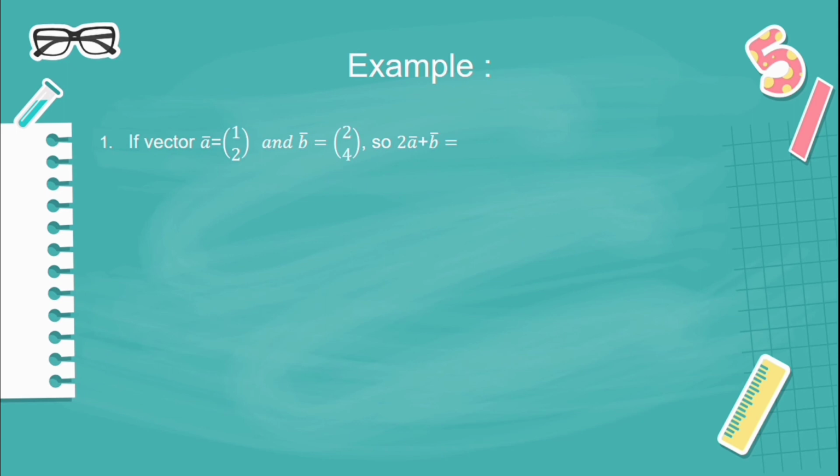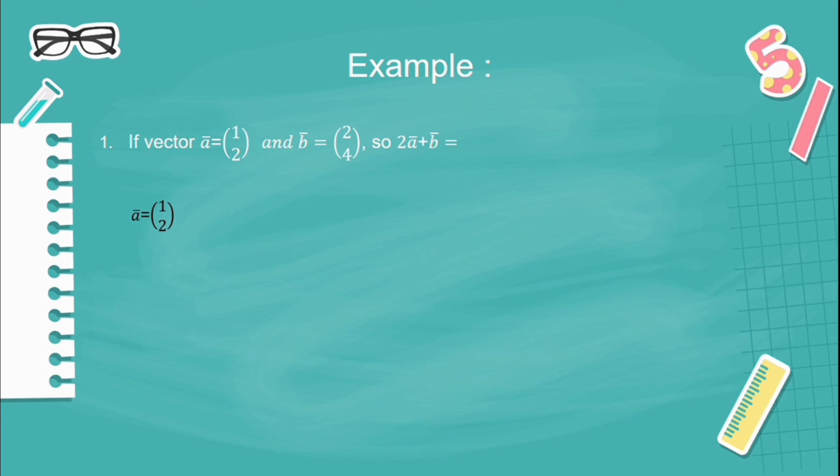Okay, this is an example. Number 1. If vector a equals (1, 2) and vector b equals (2, 4), so 2a vector plus b vector equals.